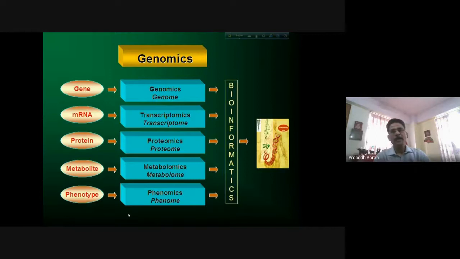So therefore, our understanding of biological system will depend upon expanding our knowledge in all these levels of omics technology: genomics, transcriptomics, proteomics, metabolomics, and phenomics. And in this process, bioinformatics plays a very, very important role, as many of the intricate methods used in understanding the different levels of omics technology are highly complex.